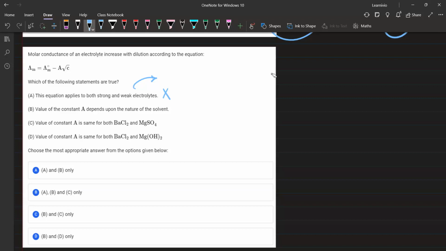If A is incorrect, which of the following statements are true? Choose the most true one. This will be incorrect. Now we just have to see whether C or D. Which of these is correct? The value of constant A is the same for both BaCl2 and MgSO4. The value of constant A is the same for both BaCl2 and Mg(OH)2.